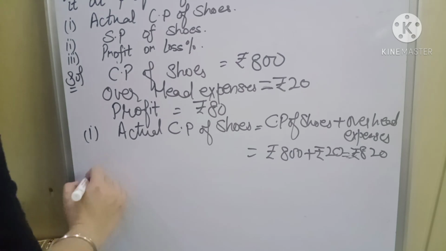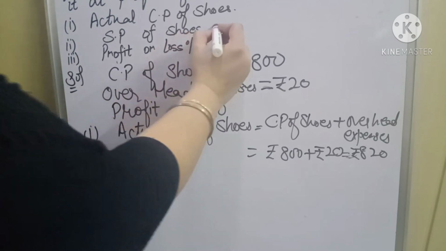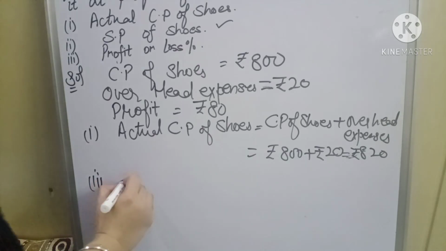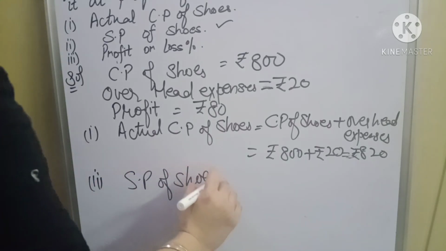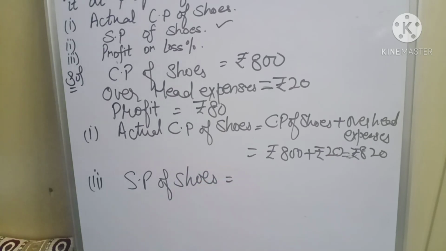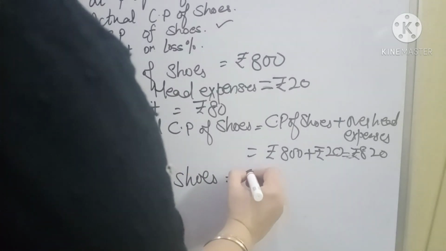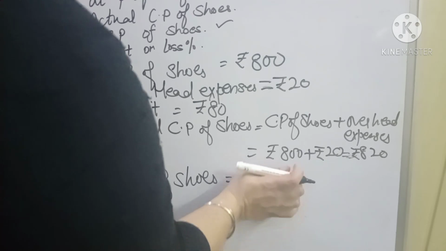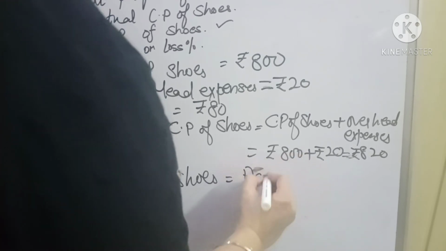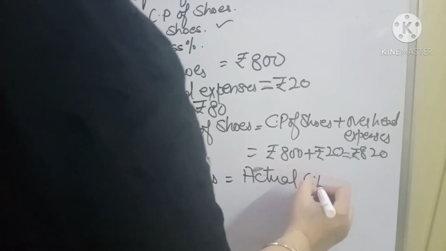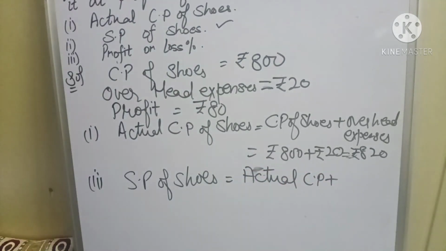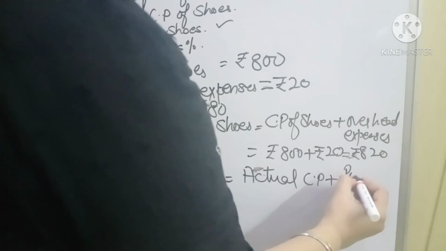In the second part, they are asking for SP of shoes. You know the formula for SP? SP is equal to actual CP plus profit.